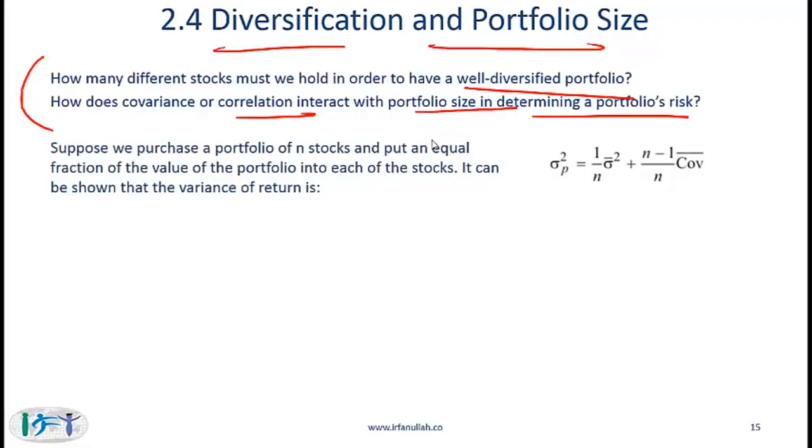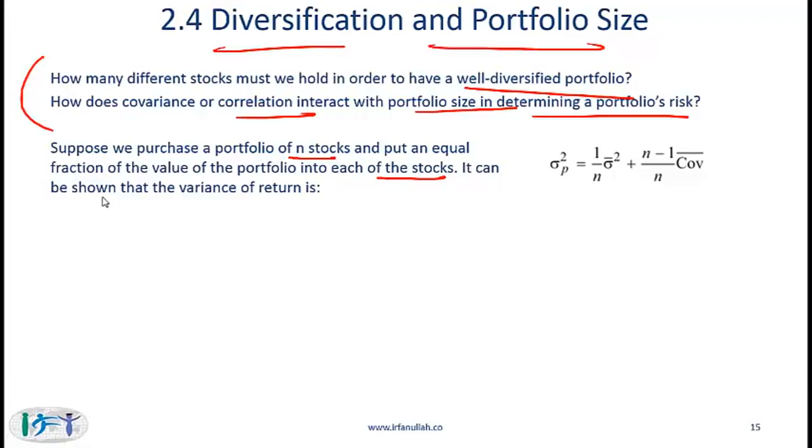All right. I'm going to show you 2 formulas and then emphasize one of those. Suppose we purchase a portfolio of N stocks and put an equal fraction of the value of the portfolio into each of the stocks. Sometimes this long phrase will be expressed as an equal weighted portfolio.